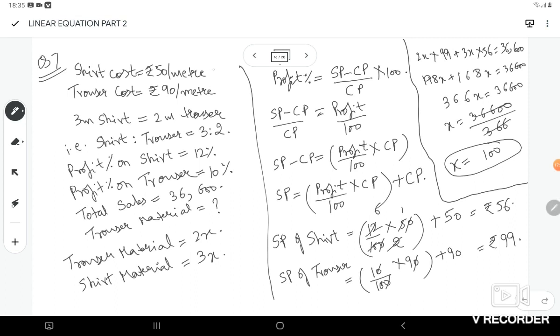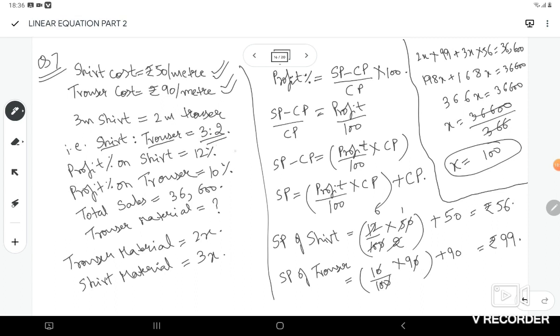So cost of shirt is rupees 50 per meter and cost of trouser is rupees 90 per meter. For every 3 meters of shirt he buys 2 meters of trouser material. So the ratio of shirt to trouser is 3:2, that is for each 3 meters of shirt he buys, he has to buy 2 meters of trouser cloth.